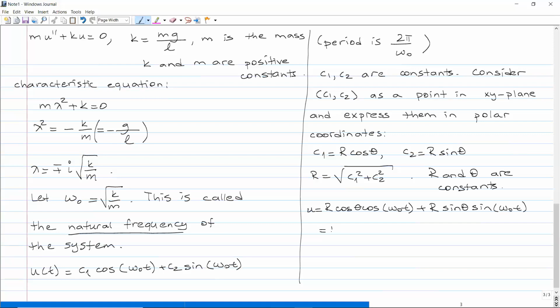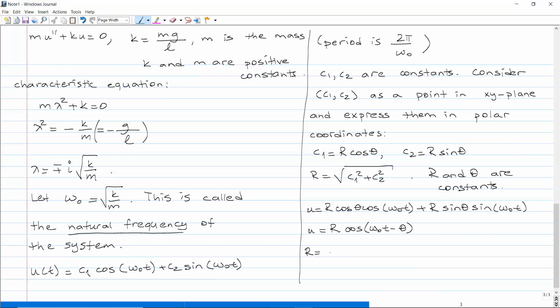So if you take out R, cosine theta cosine omega 0 t plus sine theta sine omega 0 t, you can write it as cosine of omega 0 t minus theta. So you see, you can express the solution using just the cosine function, a cosine wave.